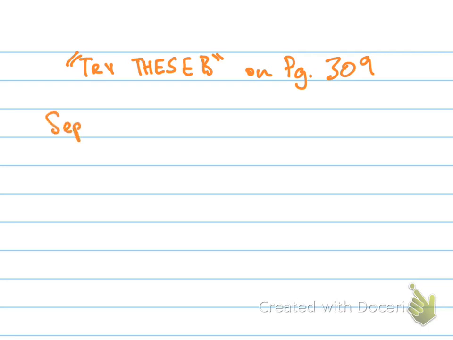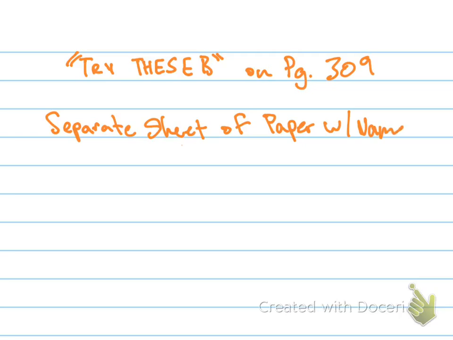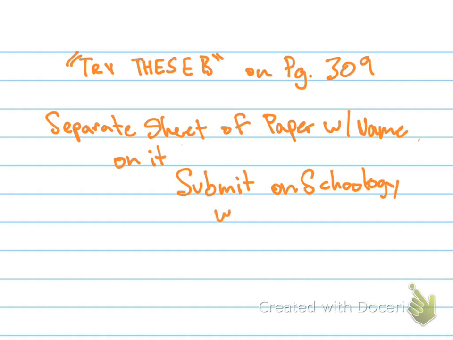Again, separate sheet of paper with a name on it, and you'll submit on Schoology with a photo or image. All right, so that's the first half of the assignment.